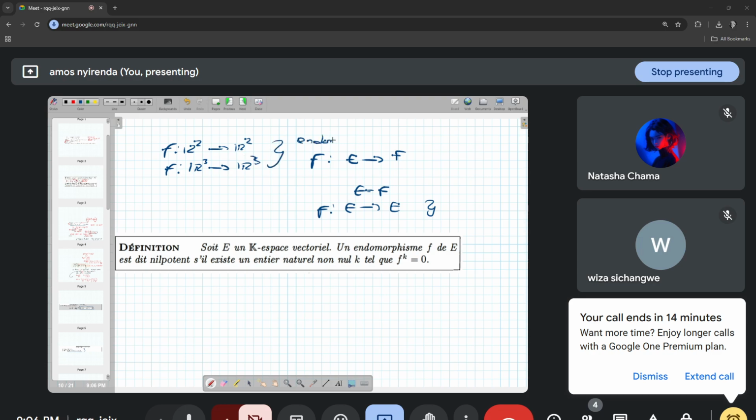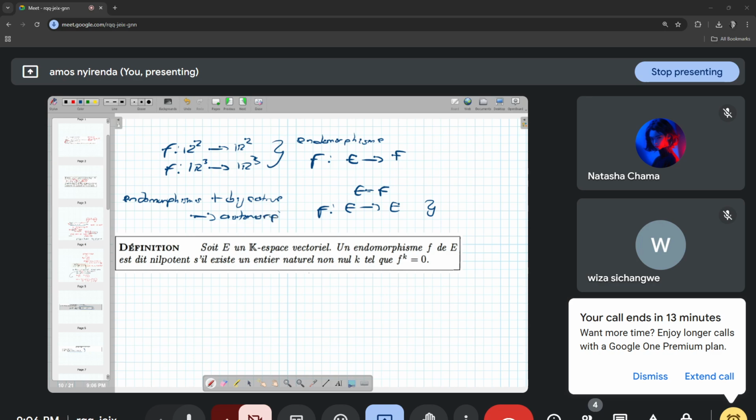Now, if this endomorphism is bijective, endomorphism plus bijective gives us a what? Gives us an automorphism.